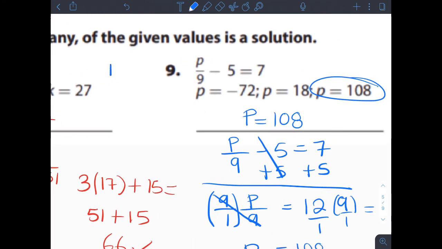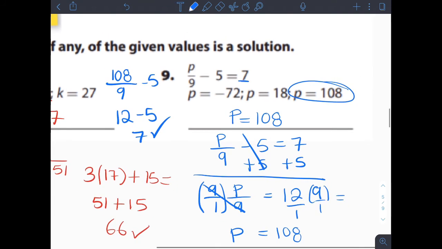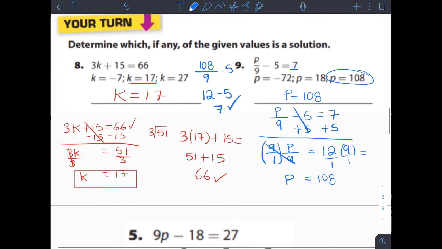I said p was 108, so 108 divided by 9 minus 5. And I made a mistake here. By 9. So I know that 108 divided by 9 is 12, and then 12 minus 5 equals 7, which equals my original total of the equation. So yes, 108 is my solution for p.